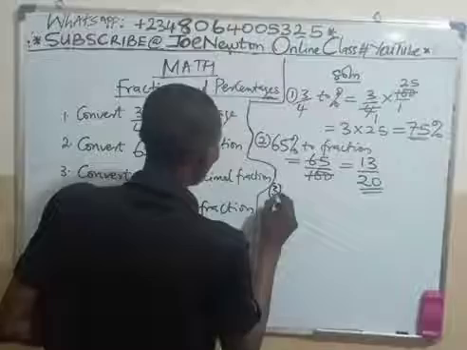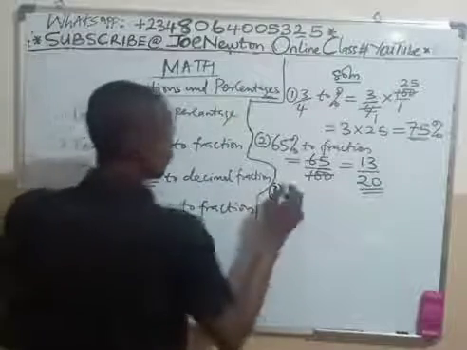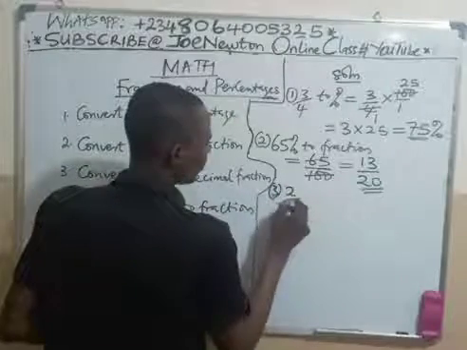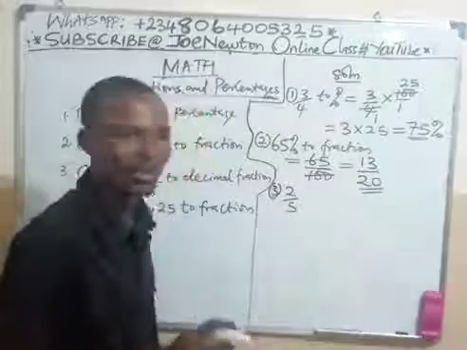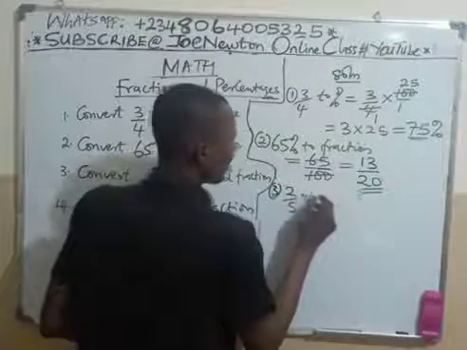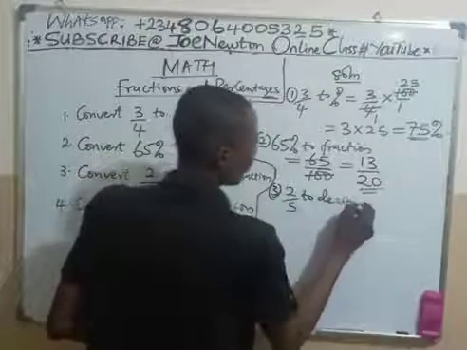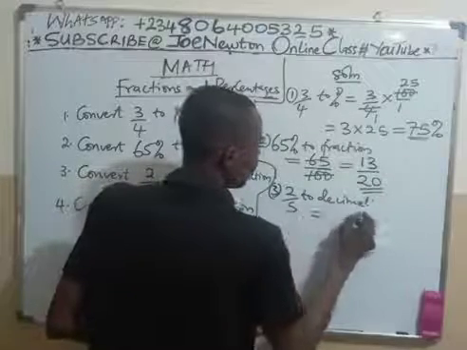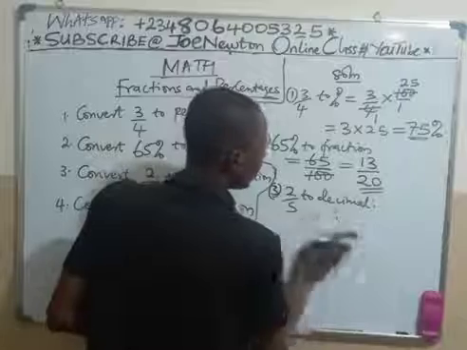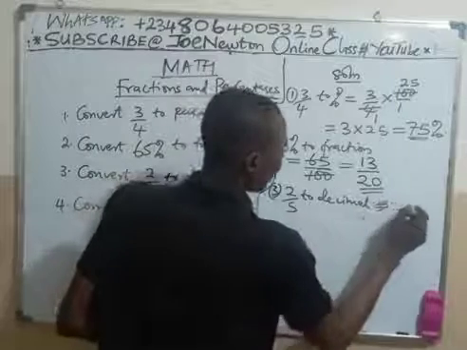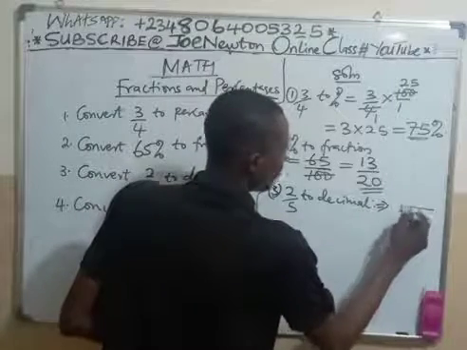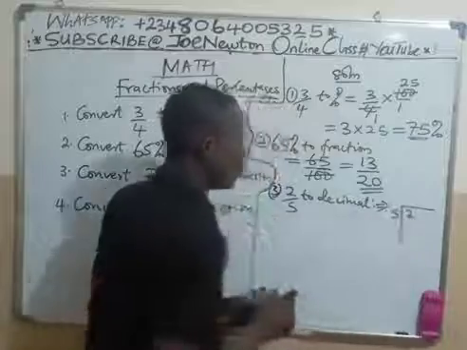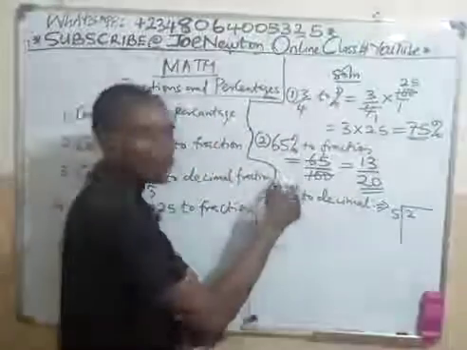Number 3, we have 2 over 5 to decimal fraction. 2 over 5 in ordinary fraction to decimal fraction. To decimal, that will give us, we divide. Of course, we divide 2 by 5. You use the denominator to divide the numerator.